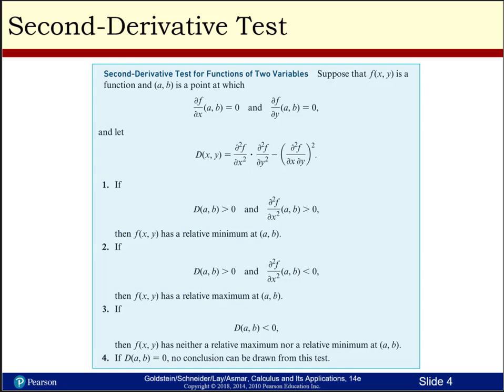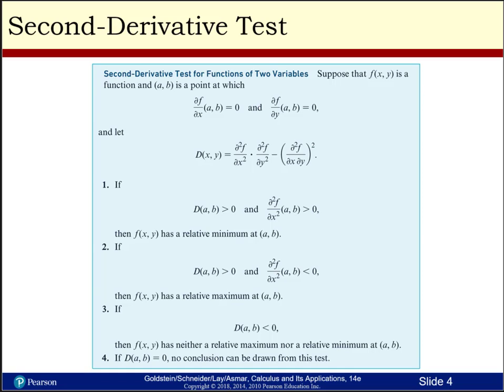And let D(x,y) equal the second partial of f with respect to x both times, times the second partial of f with respect to y both times, minus the quantity, the second partial of f with respect to x then y, squared.